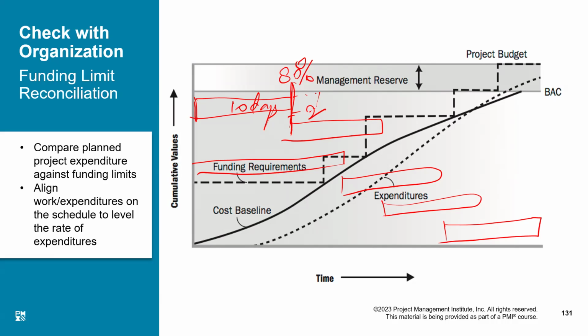Okay, this S curve is actually, let me tell you. For example, till this point, let's say this is the schedule you had to do. On top of the schedule, at this point, according to our cost baseline, we should have spent this much money, right? So what are we doing during this time?